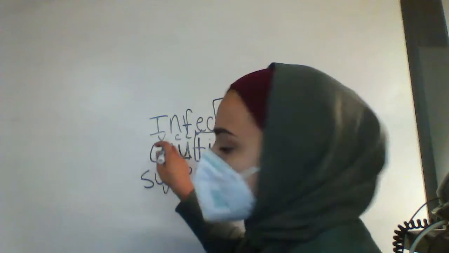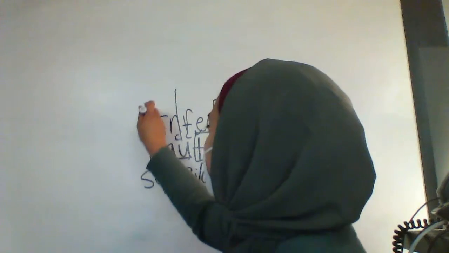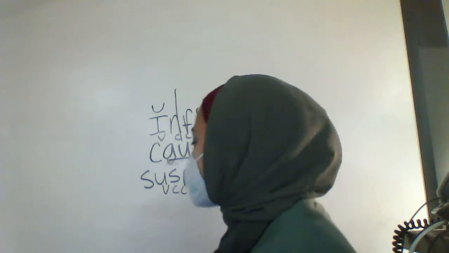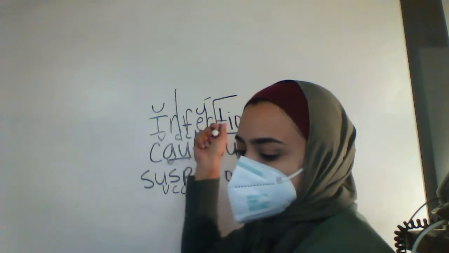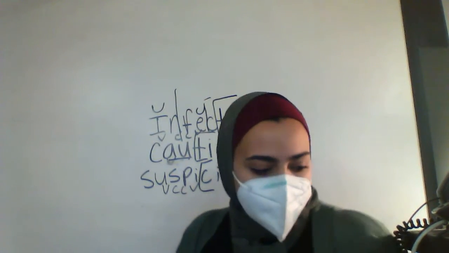All right, infectious, we're not done yet. That division line goes after the N, like that, infectious. The I and the E need a breathe, and the C needs a back, and then the accent. Everyone say infectious. Let's look at cautious. In cautious, the C needs a what?